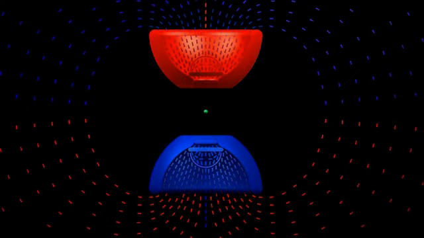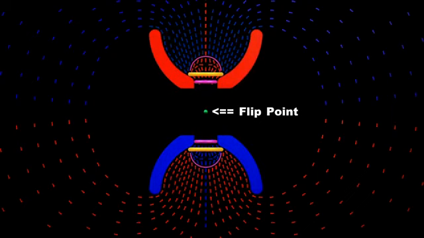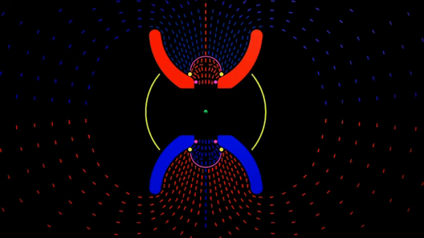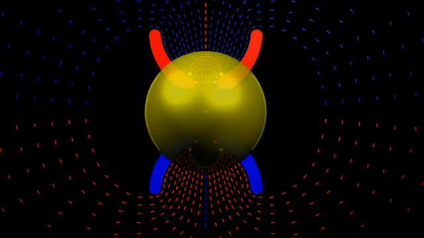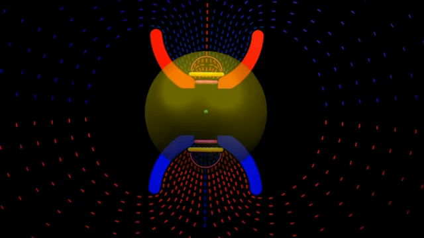The shape of the magnetic substructures within the red and blue bowls is identical, except they are of opposite magnetic orientation. In stars, the two bowls would be at the poles of the star, and the flip point would be the focal point, or the nucleus, of the star.